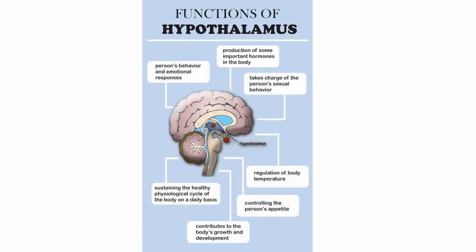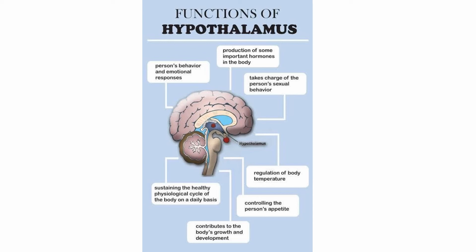So generally, the main role of the hypothalamus is to keep the body in homeostasis as much as possible. And what does homeostasis mean? It's the balanced bodily state. So the body is always trying to achieve this balance.